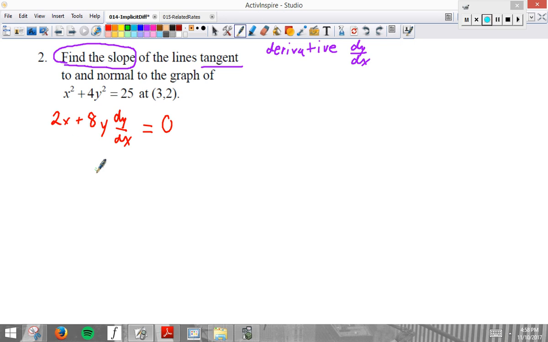Here we go. Solve for dy dx. 8y dy dx equals negative 2x. I would have had to subtract 2x from both sides. I'll write that out now, just to make it clear for everybody. And then I divide both sides by 8y.